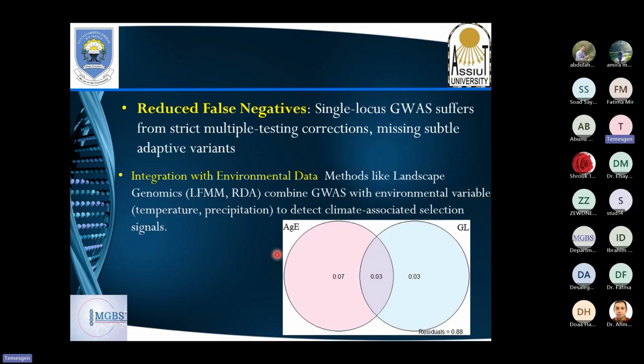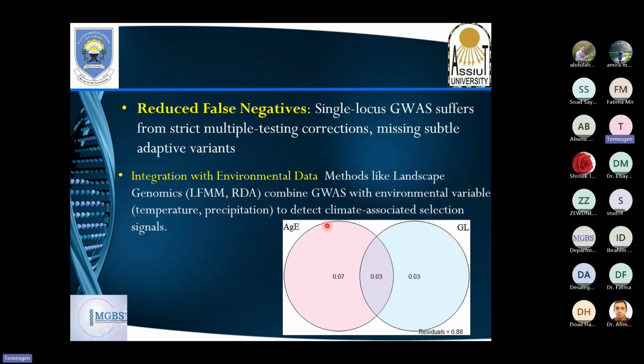We can also incorporate environmental variables like temperature, precipitation, and others to detect climate-associated selection signals, and also to detect which climate variables contribute to the genetic variation of the individuals.